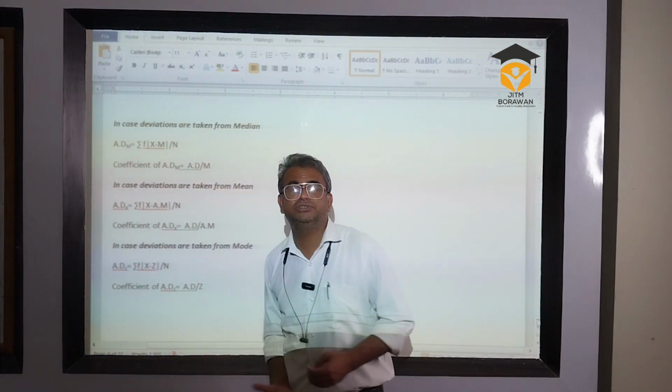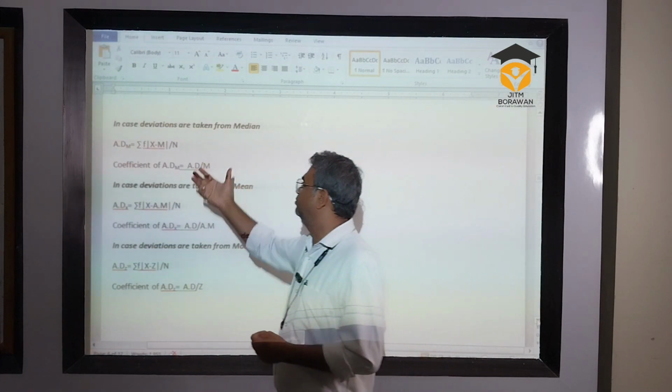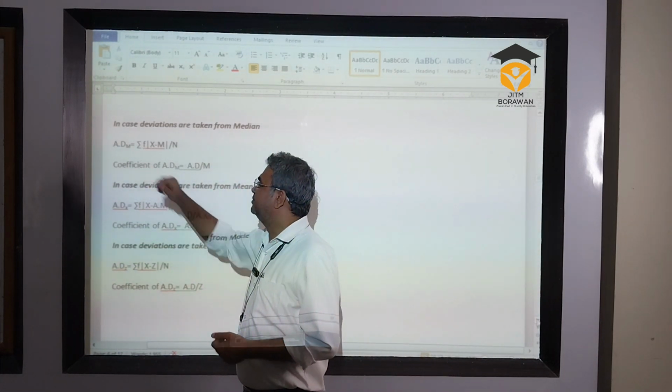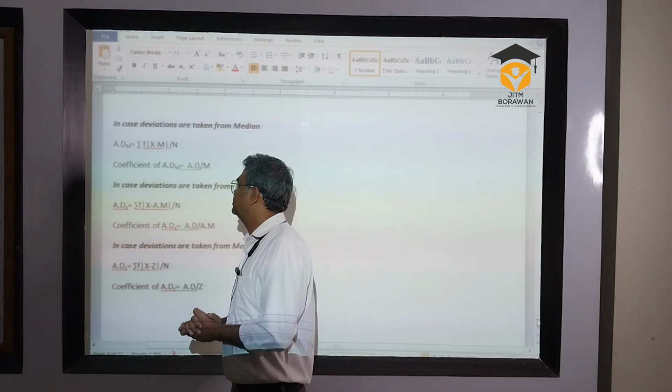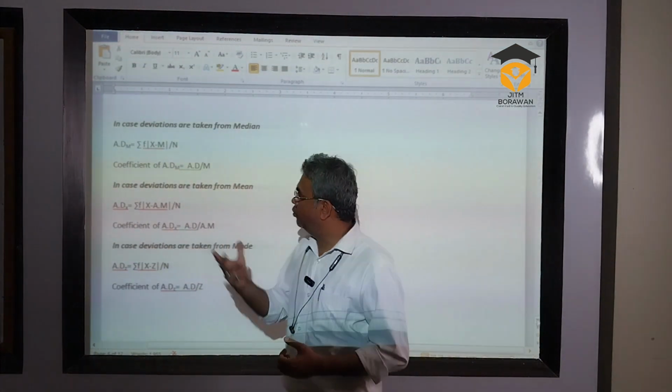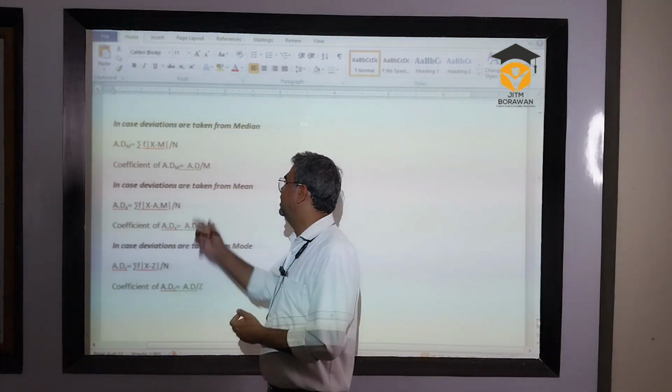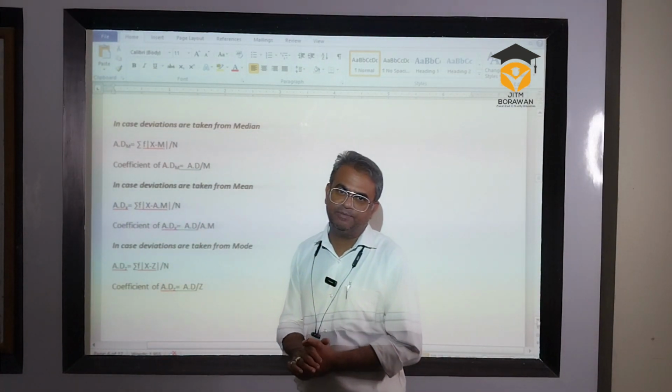When the deviations are taken from the median, the formula is average deviation from median equal to summation f mod of x minus M divided by n, and the coefficient of average deviation from median is average deviation divided by M.